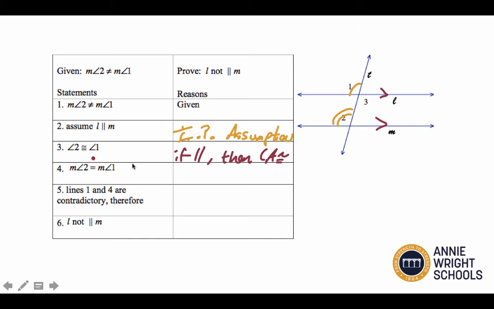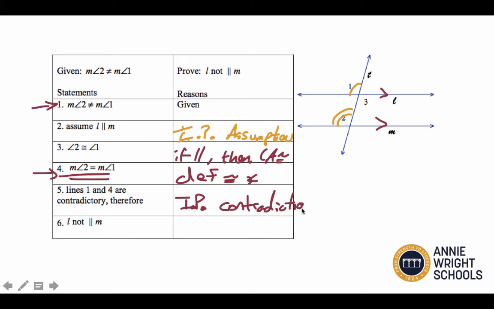And if these two angles are congruent, then that means their measures are equal by the definition of congruent angles. Now I have a contradiction. I have said they're not equal, but I just proved that they are equal. I point out the contradiction with the IP contradiction.